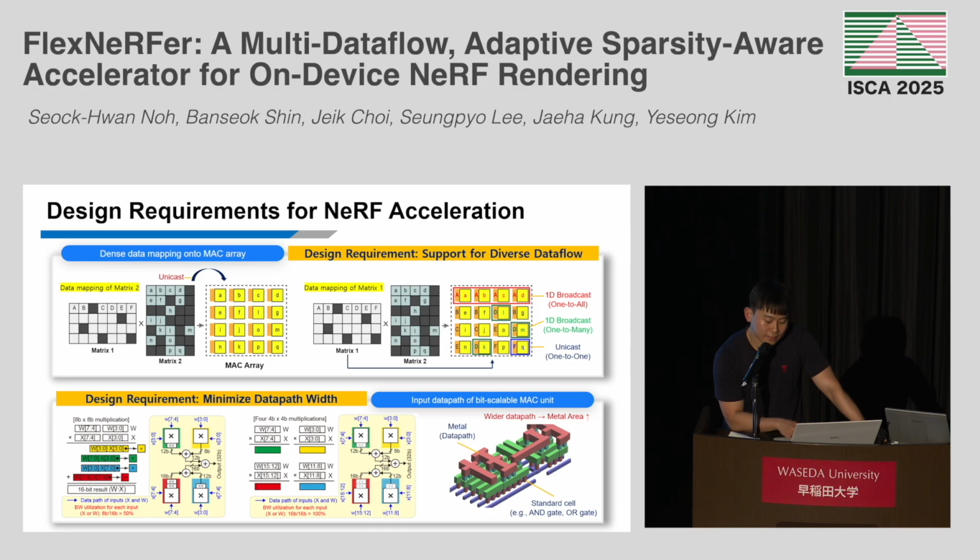When data path widths increase, those metal layers take more space, which leads to a larger chip area. So if we want to make a chip smaller, we need to keep the signal widths as narrow as possible.